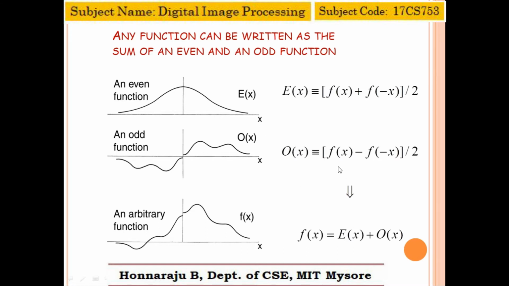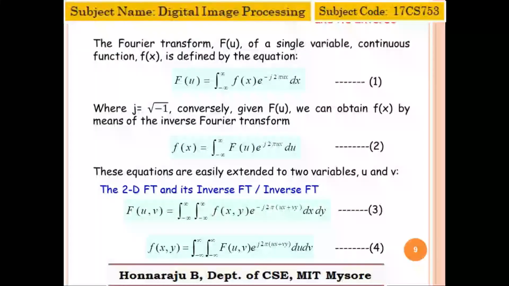An odd function is represented by O of x approximately equal to f of x minus f of minus x, divided by 2. So an arbitrary function f of x can be represented by f of x is equal to E of x plus O of x. Okay, this is the basis of the Fourier transform.